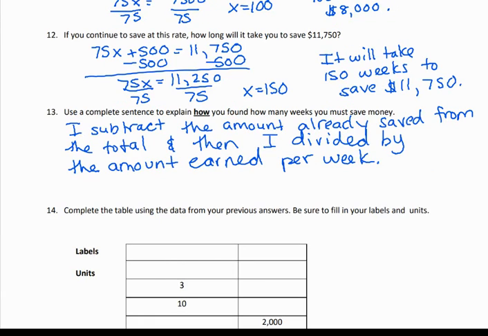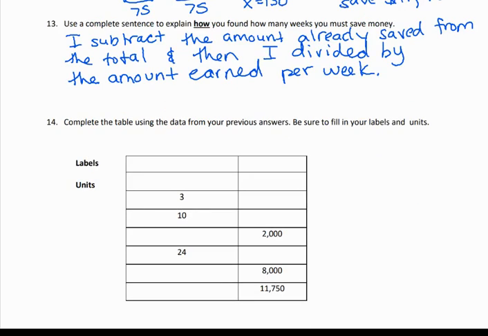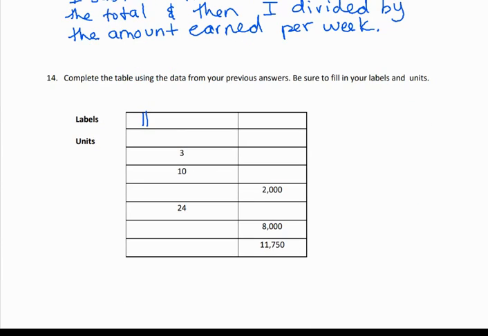Even look right here, right? On number 12. Exactly. X was 150 and 150 represented weeks. So our label here is the number of weeks. And that unit is simply just weeks. Or you could say time and weeks.